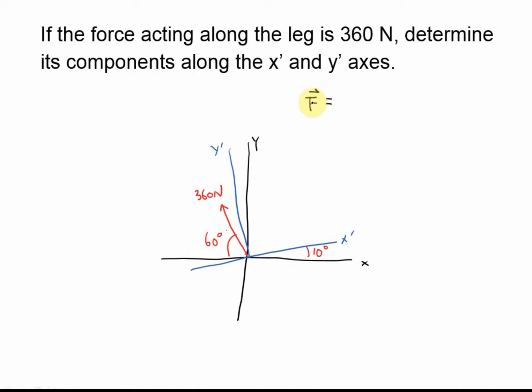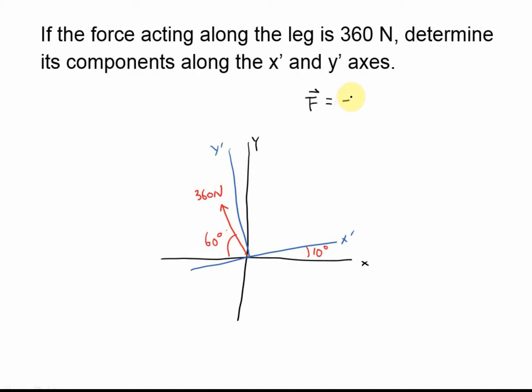I want to write down all the vectors in terms of my original coordinate system, which is x, y. So my force vector should be broken into its xy components, and I know the angle is 60.